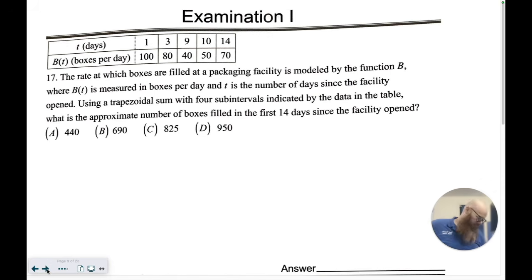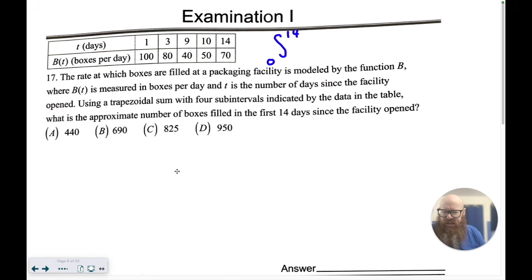All right, let's keep going. So we have number 17 here. And we have the rate at which the boxes are filled. Use trapezoidal sum in the table to approximate the number of boxes filled in the first 14 days. So that is just going to be the integral from 0 to 14.